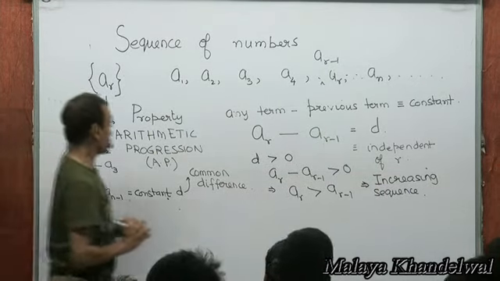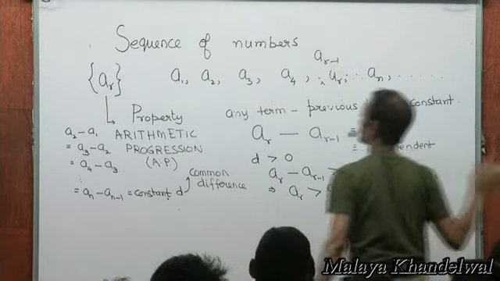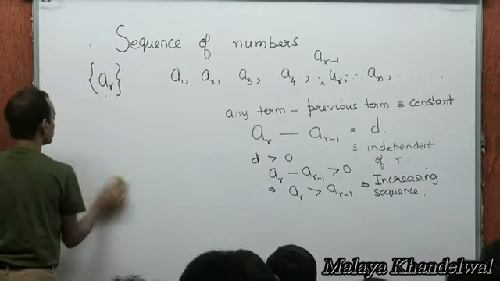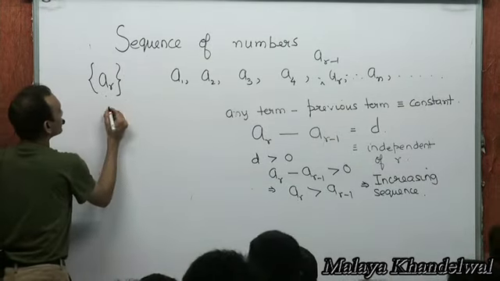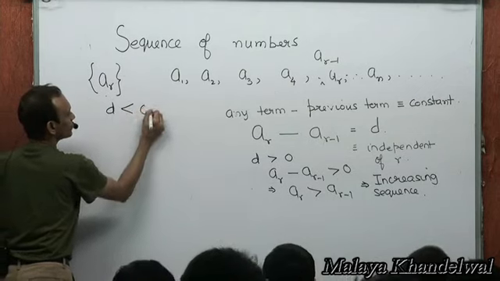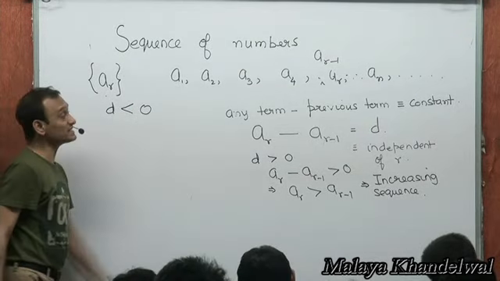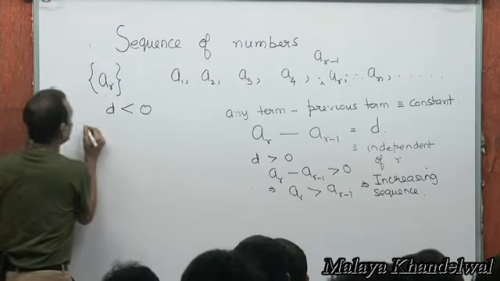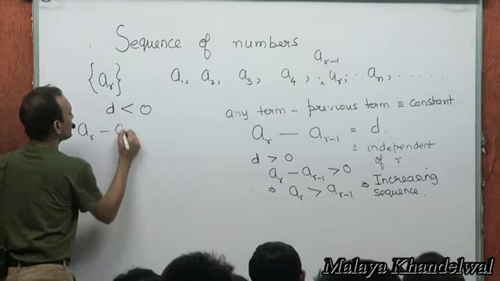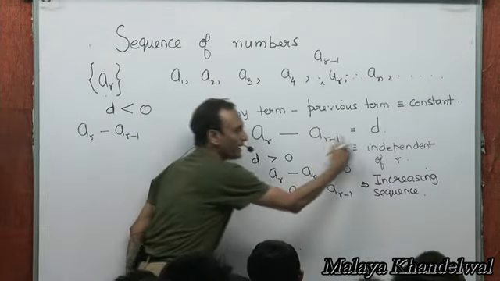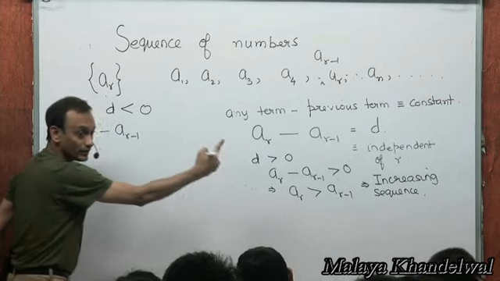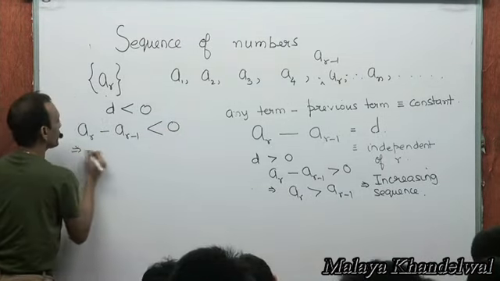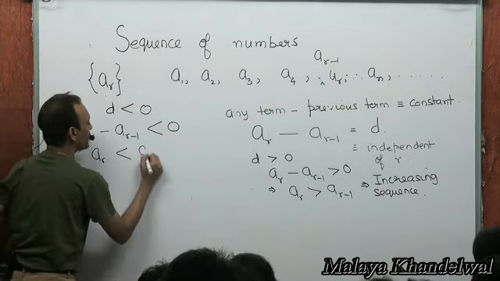In contrast, if D is less than 0, that means the common difference is less than 0, then AR minus AR minus 1 will be less than 0, or AR will be less than AR minus 1.